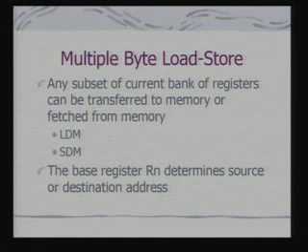So, what is the mnemonic used for this multiple byte load store? In this case, I use LDM or STM, and the base register Rn determines the source or destination address, depending on whether it is a load instruction or a store instruction.